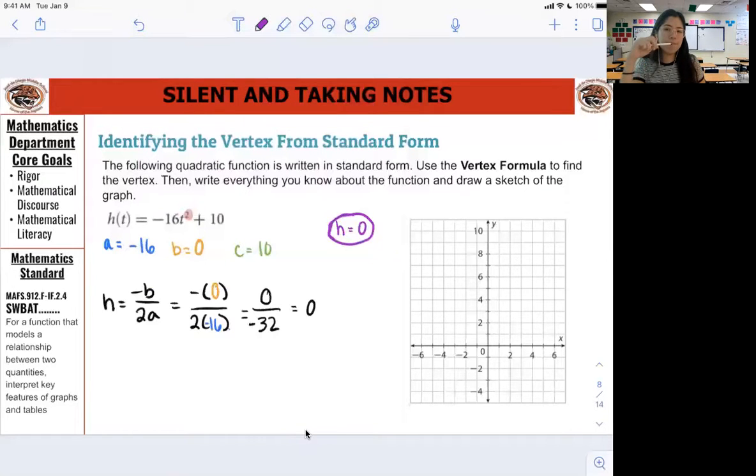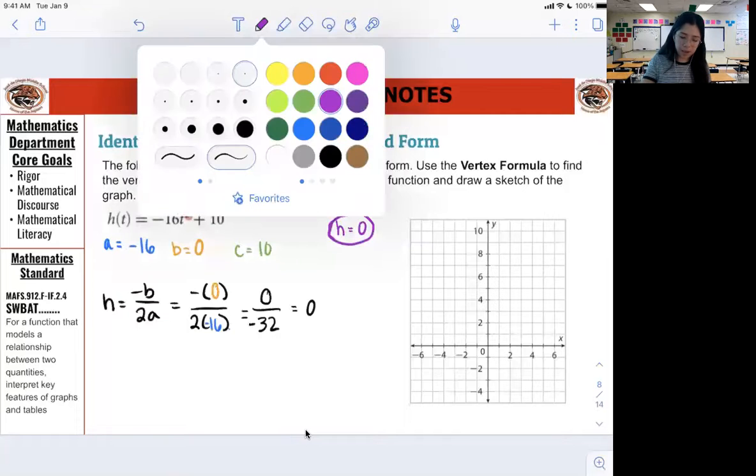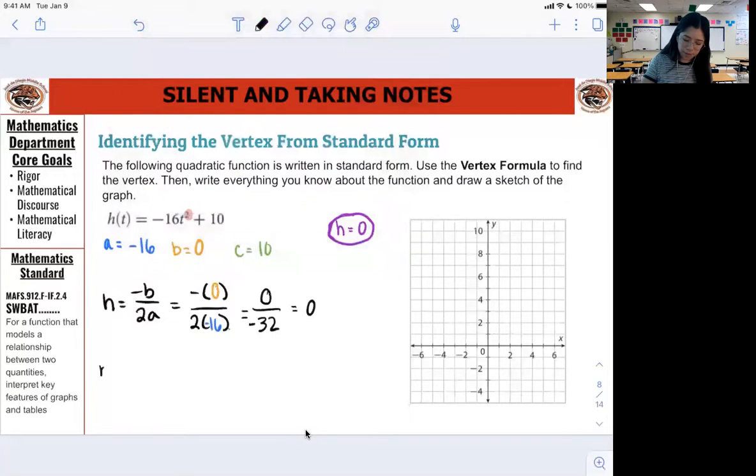We have to find the value of k. And how do I do that? You plug it into the original equation. Exactly. So every time after you've done the formula and got h, just plug it back in so that you can figure out the value of k. So I'm finding h of 0. And then you just combine like terms.